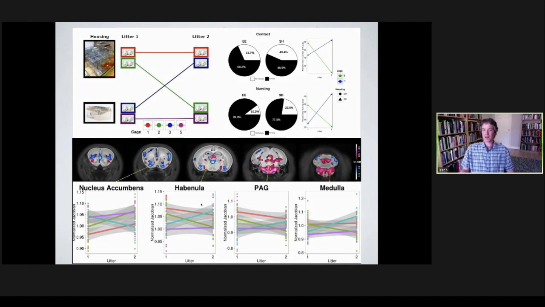And we see the opposite pattern, so it's increases in the habenula, same in the parietal gray, and same in the medulla. So ultimately, what you seem to have is early environmental changes where certain parts of the brain are susceptible to those changes, likely mediated, or partly mediated, by differences in maternal behavior that are caused by the changes in the environment that the dam finds herself in as she's raising her pups.